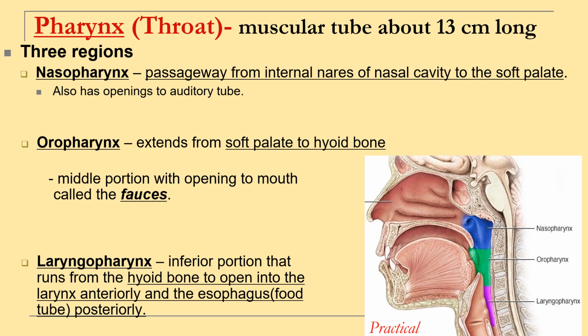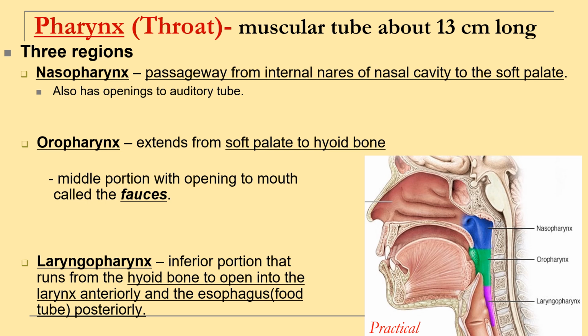So with my nasopharynx, there are 2 things I want to know. It runs from my internal nares to the soft palate. So we said the external nares was your nostrils. That's the way to get into your nose. We call them the external nares because they are the most external ones in your body. My internal nares is the passageway out the back of my nose.